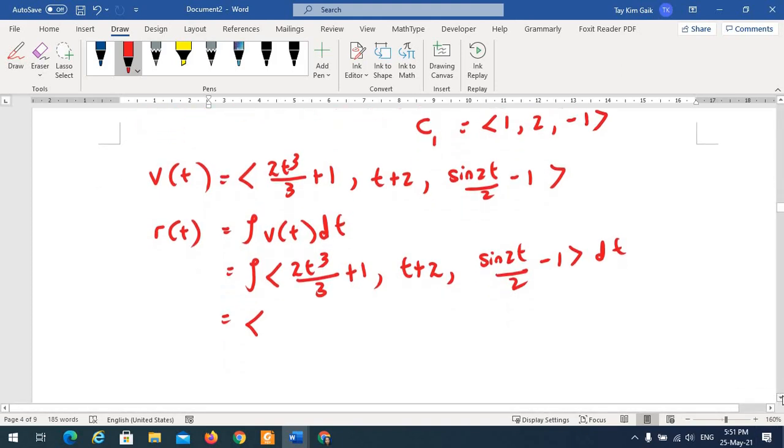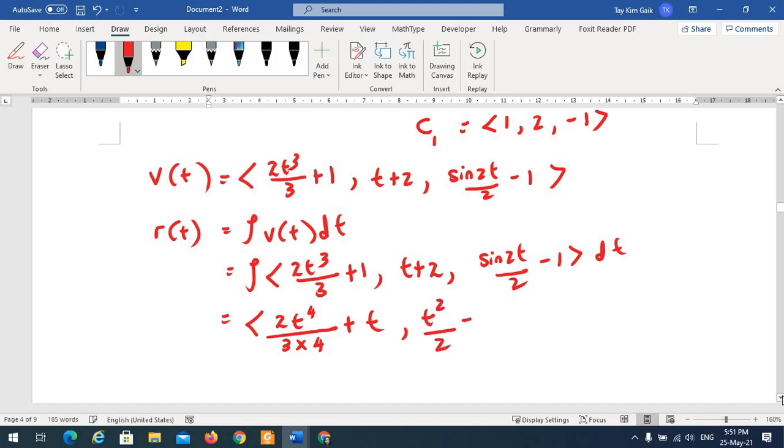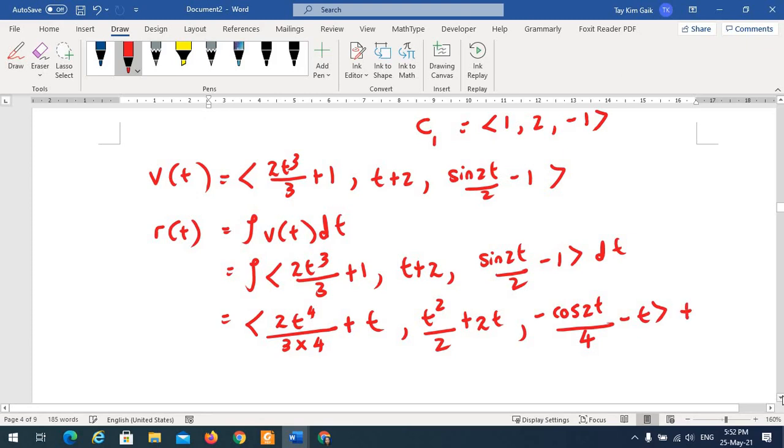Integrate 2t cubed over 3, you get 2t to the power 4 divided by 3 times 4. Integrate 1 is t. Integrate t, t squared over 2. Integrate 2, 2t. This is component j. For component k, integrate sin is negative cos 2t divided by 2, so with the 2 already there, total is divided by 4. Integrate negative 1, so negative t. Add C2, which is a vector.